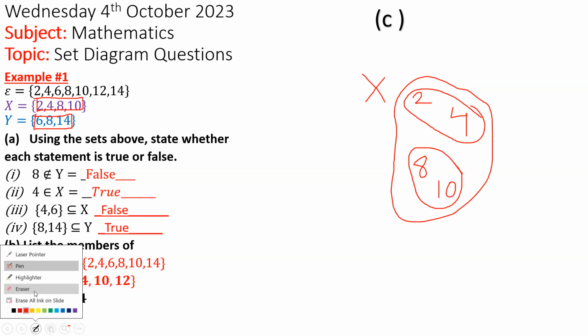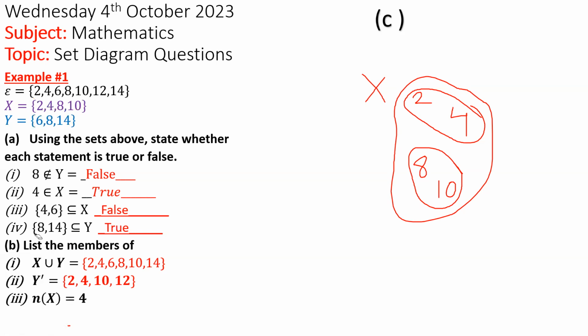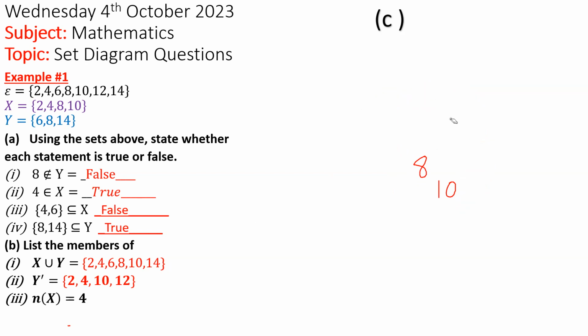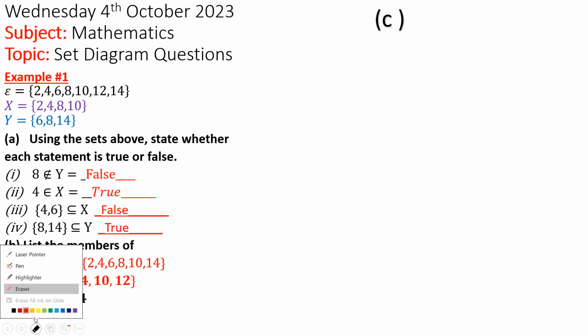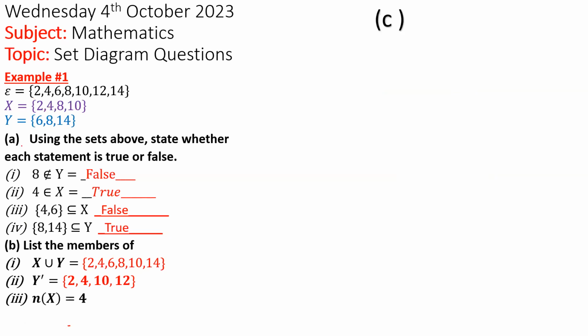Okay. Next, this one is Y complement. I just explained that. I don't know if you were paying attention. Basically, I want all of the elements in the universal set except for Y. So what are the elements of Y? 6, so I cannot have 6. 8, so I cannot have 8. 14, so I cannot have 14.